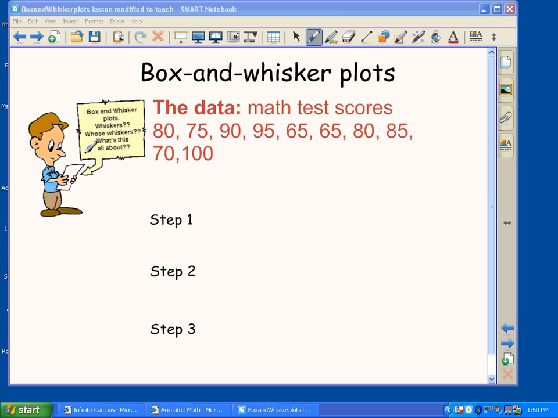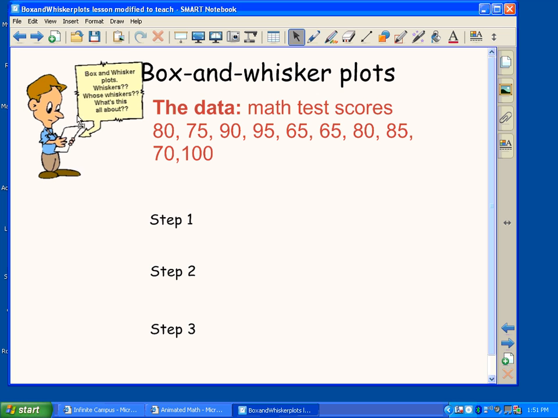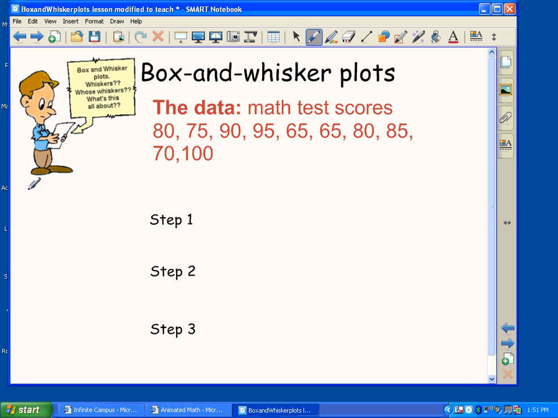65 comes first. Because 65 is there twice? Yes.